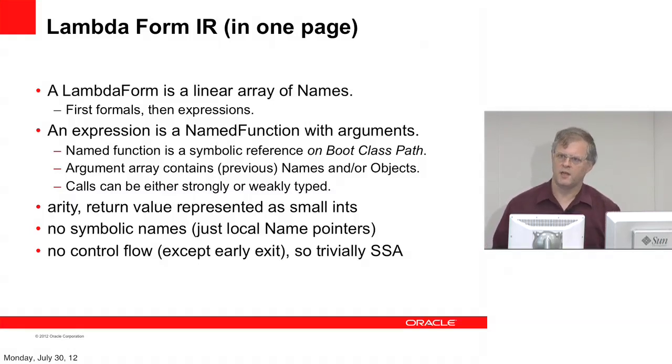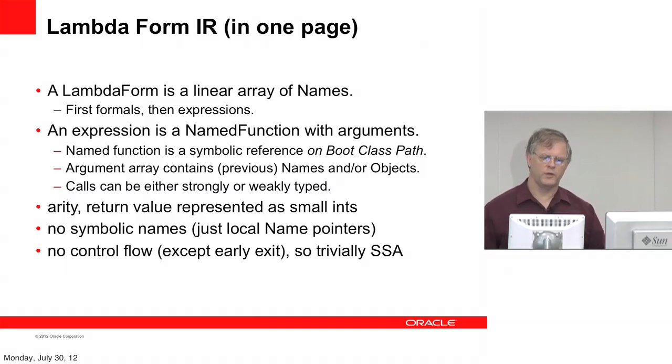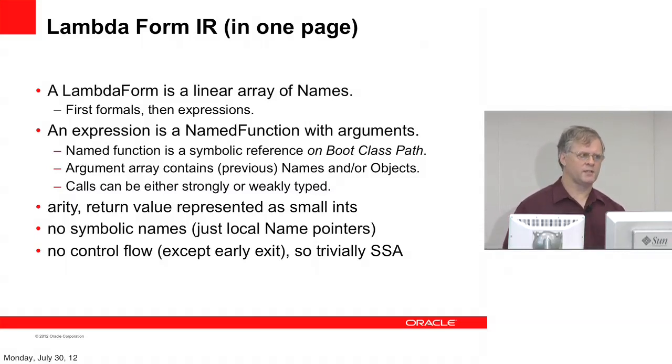The named function has to be on the boot class path. But that's okay because we have ways of invoking functions from other places using invokers that are on the boot class path. The argument array either contains previous names or arbitrary object constants. And the calls are often weakly typed.